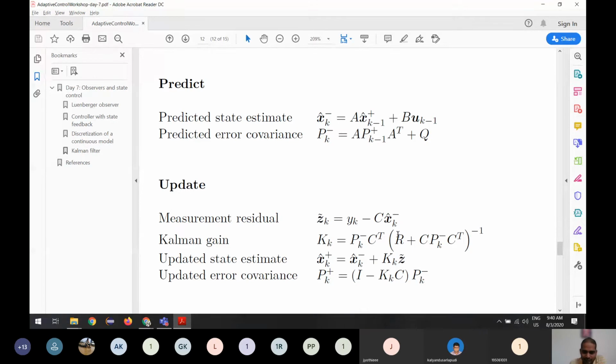So let us implement this on one system. But before that, let us see how the algorithm looks. We are using this terminology: the minus represents the prediction part and the plus represents the correction or updated part.